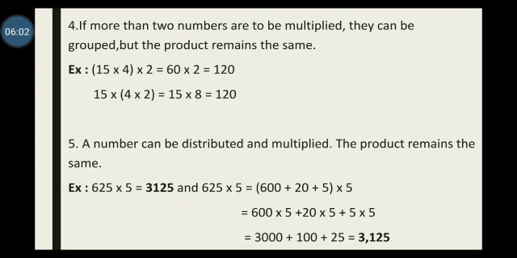It means I will multiply each of the numbers in the bracket by 5 and I will add them in the end. So I first multiply 600 by 5, then 20 by 5, then 5 by 5. In the first case I get 3000. In the second case, when I multiply 20 by 5, I get 100. And in the third case, 5 fives are 25.